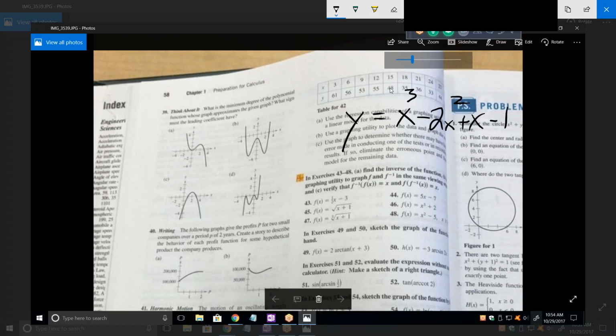End behavior is what happens to y as x goes to negative infinity, or positive infinity. That's end behavior. And when you're talking about end behavior, the only term that matters is that term there. None of the others have anything to do with end behavior.